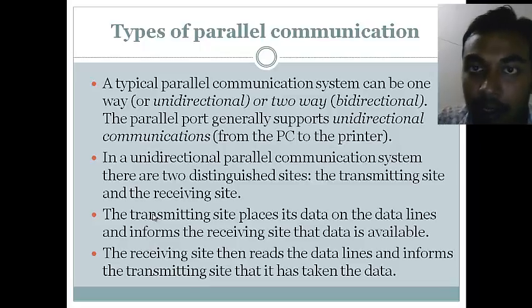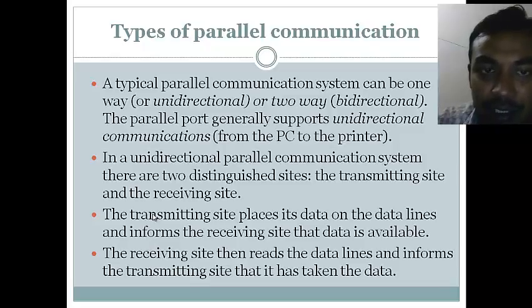Parallel data communication is of two types: unidirectional and bidirectional. Unidirectional means the data flows in only one direction, there is no two-way method. Whereas in bidirectional, data can go and come on the same wire. Unidirectional is simpler. The best example is a printer: data is transferred from the computer to the printer, and the printer takes the prints.